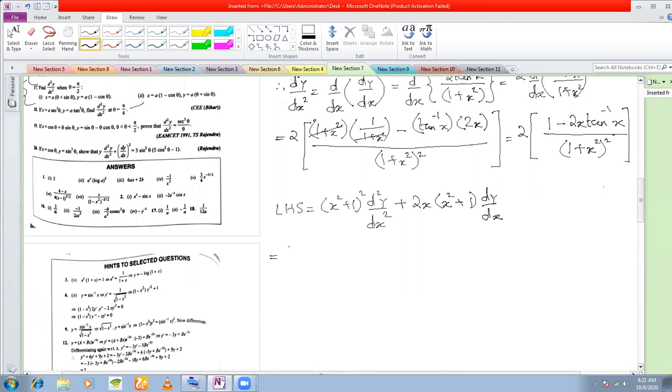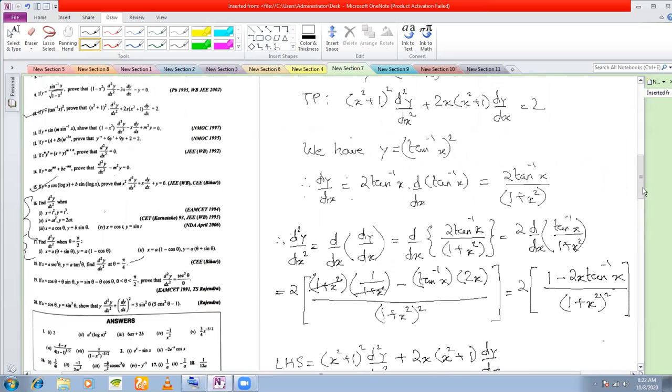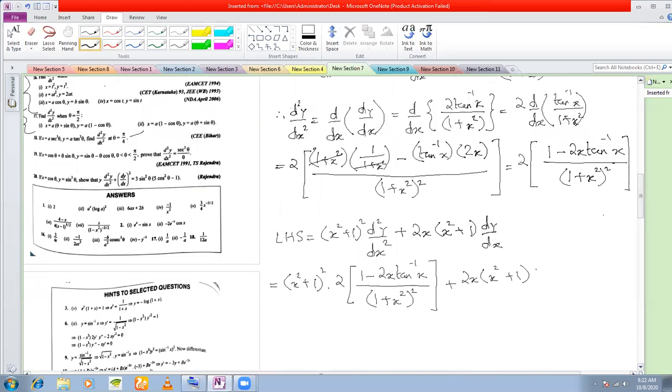Now we put the value. Simply x square plus 1 whole square, and d2y dx2 we have got as twice 1 minus 2x tan inverse x by 1 plus x square whole square, okay, plus 2x into x square plus 1 and dy dx here is 2 tan inverse x by 1 plus x square, isn't it?